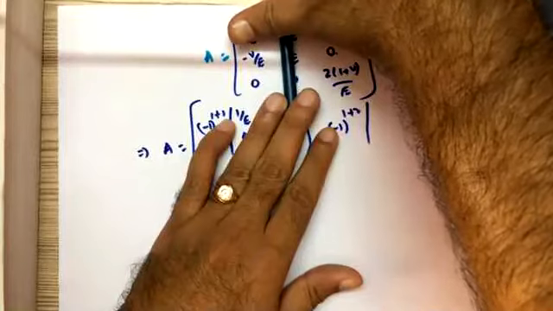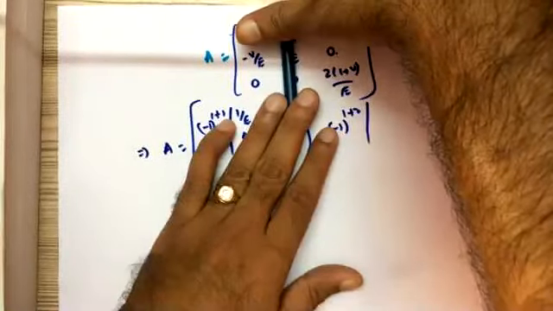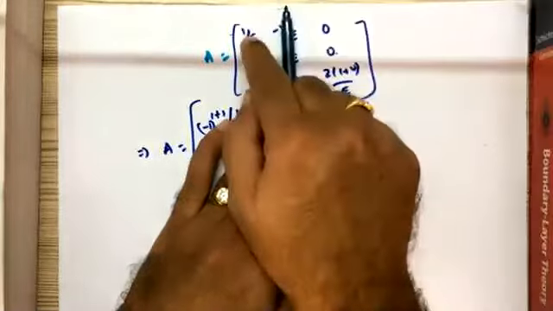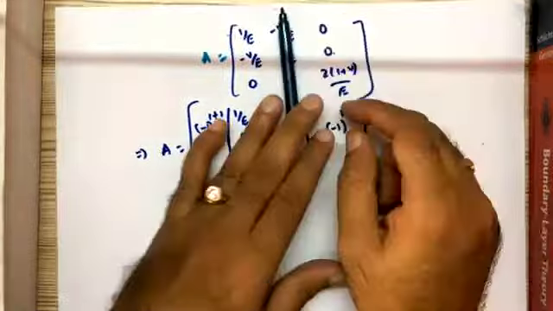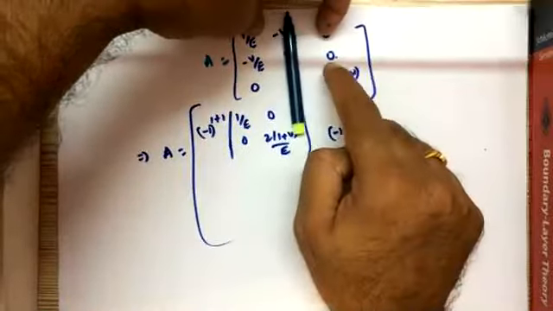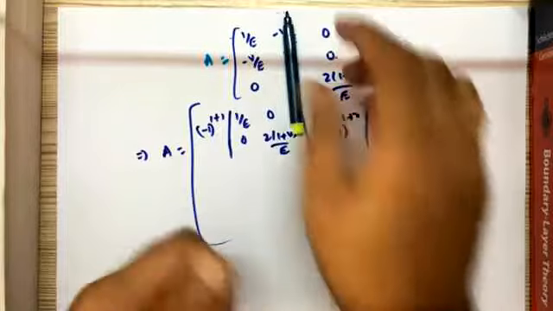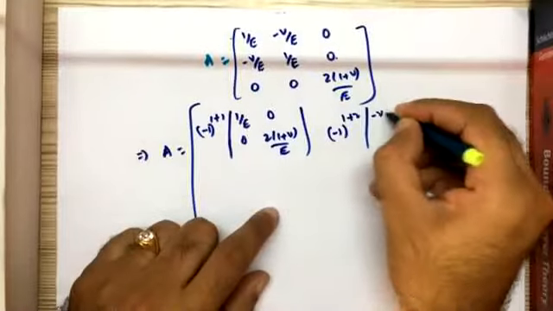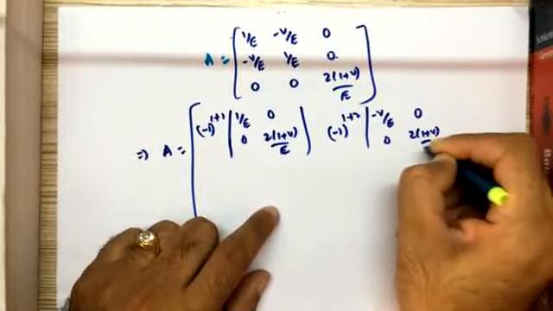So what is remaining? Minus nu by E, 0, 0, 2 into 1 plus nu by E.